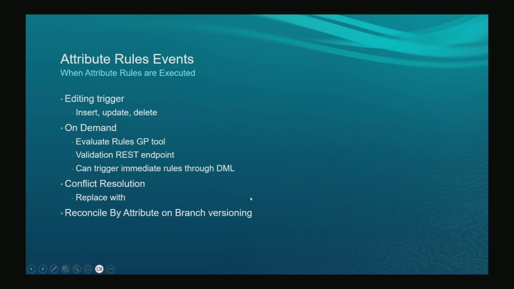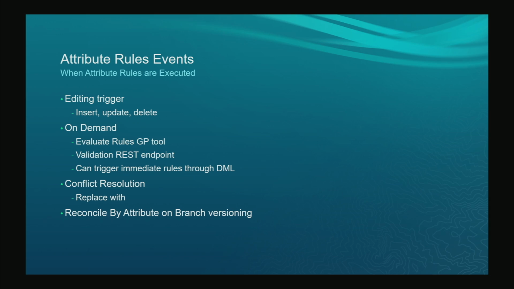The final one is a little bit tricky, reconcile by attributes, because you can reconcile two ways, by row, the conflict resolution, or by attribute. If I reconcile by row, anything that's changed between default and version, even if they are two different columns, the reconcile will detect a conflict, right?